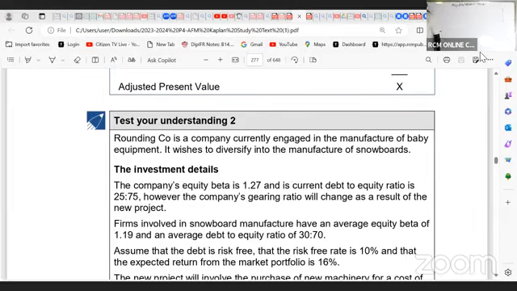It wishes to diversify into the manufacture of snowboards, a company that wants to diversify to a new industry. Then in this case, the new industry's gearing ratio and beta factor have to be ungeared. The company's equity beta is 1.27 and its current debt to equity ratio is 25.